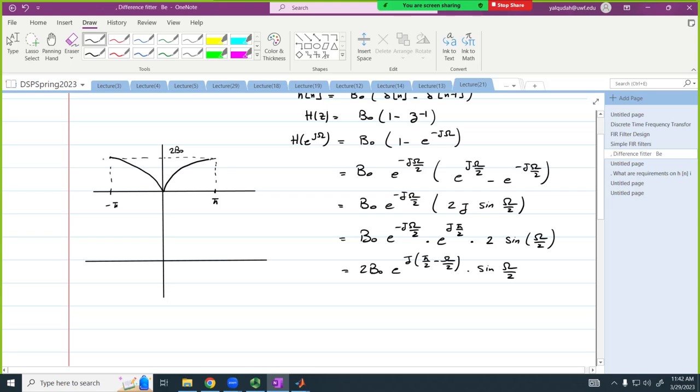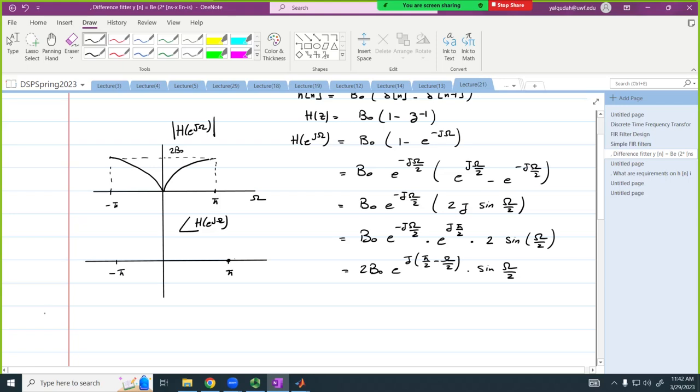Something like that. And this is the magnitude of H of e to the j omega. And the phase of H of e to the j omega: when the frequency is pi, it's going to be 0.